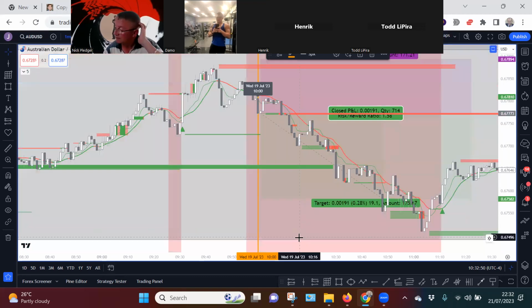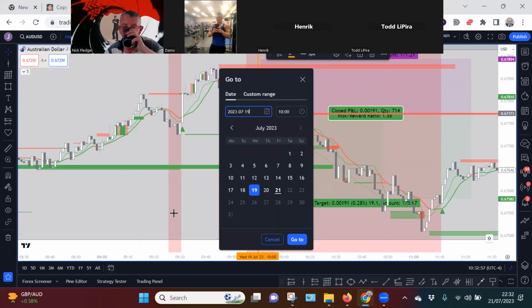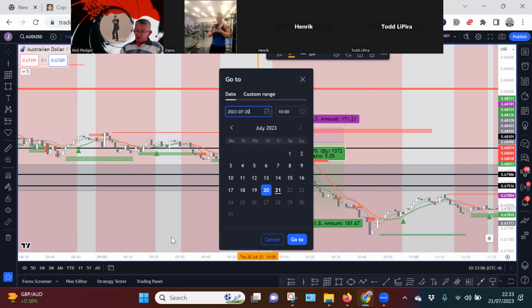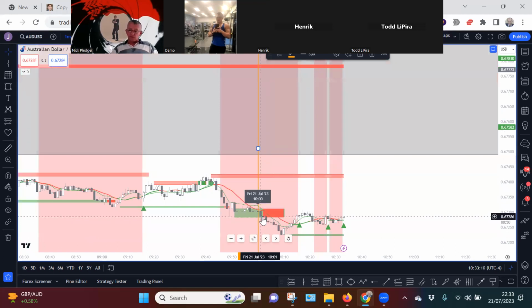Next one. Just came from that. There's a pullback into fair value gap. Boom. Next day, 10 a.m. There. Came from a red box. Wait till it goes into red background. There's the move. And this one here, you would not enter until it was below there, for complete transparency.